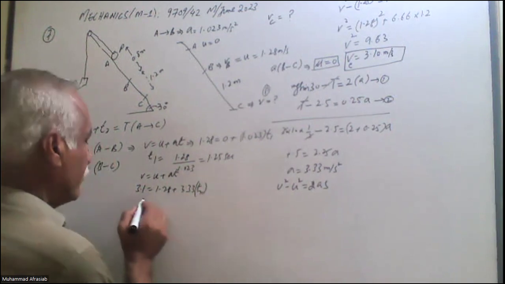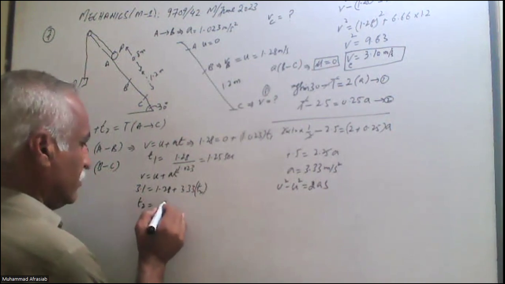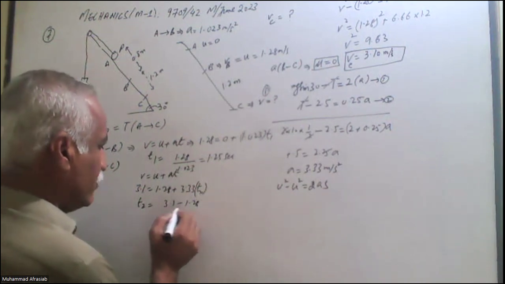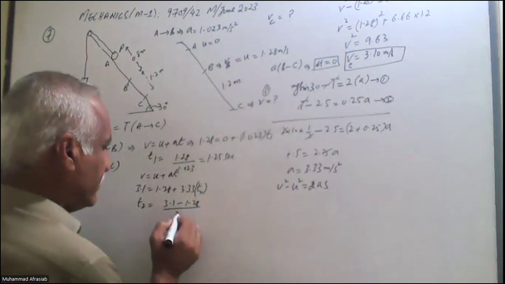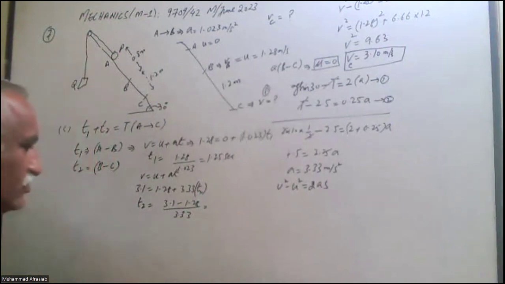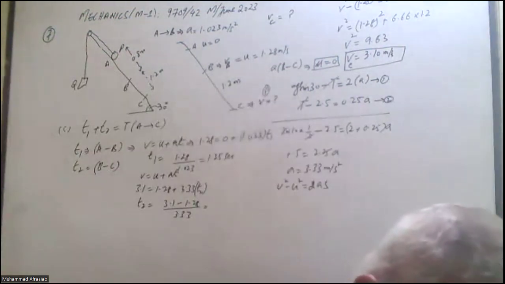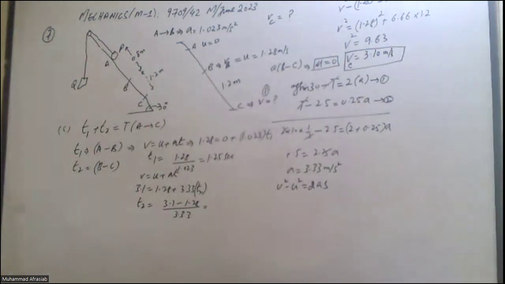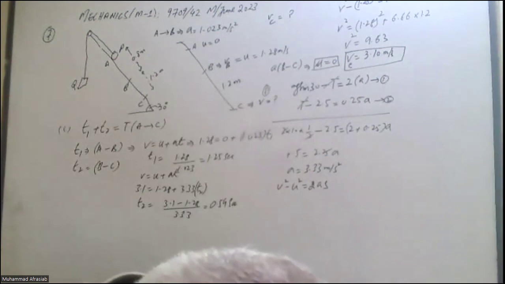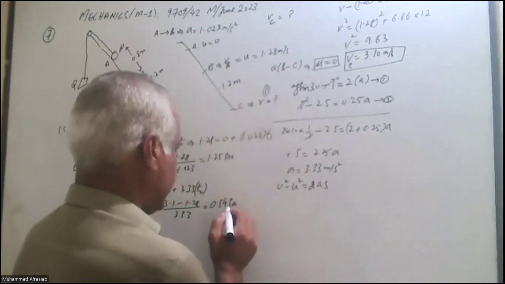So the time T2 will be equal to 3.1 minus 1.28 divided by 3.33, and that is equal to 0.545 seconds.